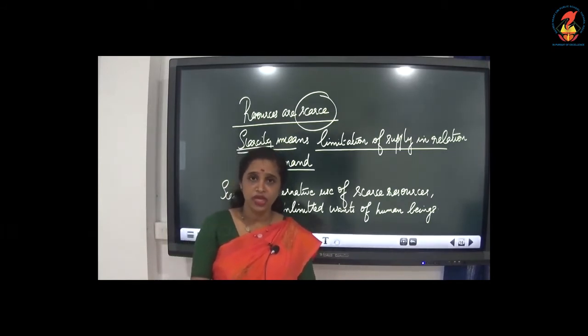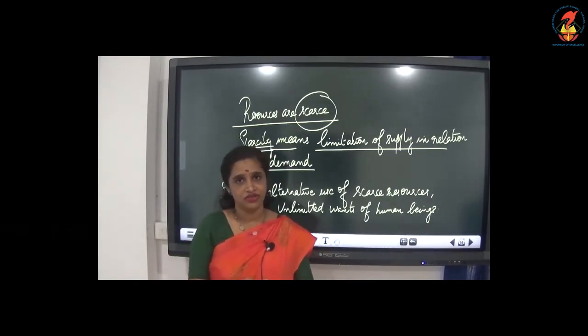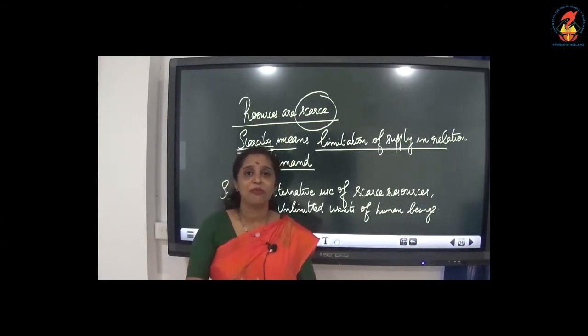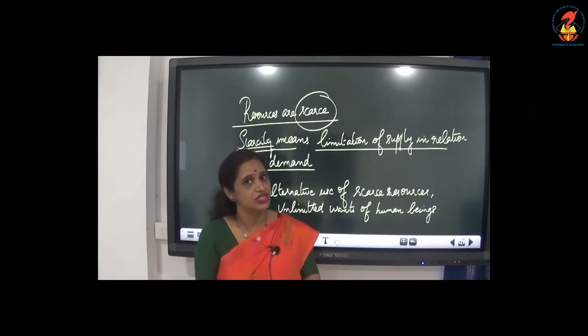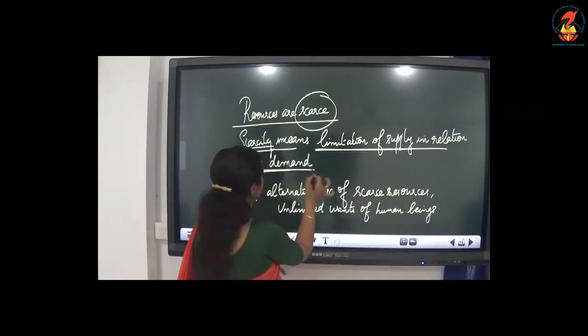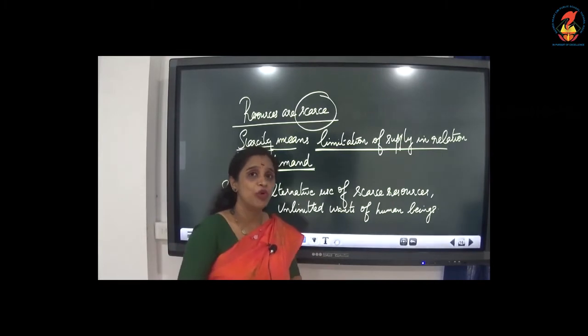Likewise, in an economy, resources are scarce. The population, the number of people, is increasing day by day. Demand is increasing day by day, so that much amount of supply also should be there. For the production of goods and services, we need resources, and resources are becoming scarce. We need to satisfy the increasing population, which means demand is very high.